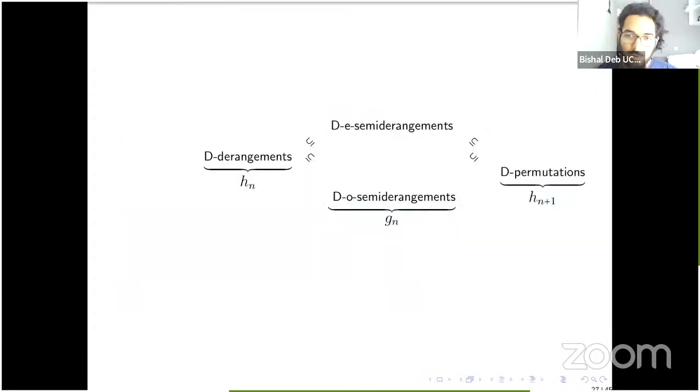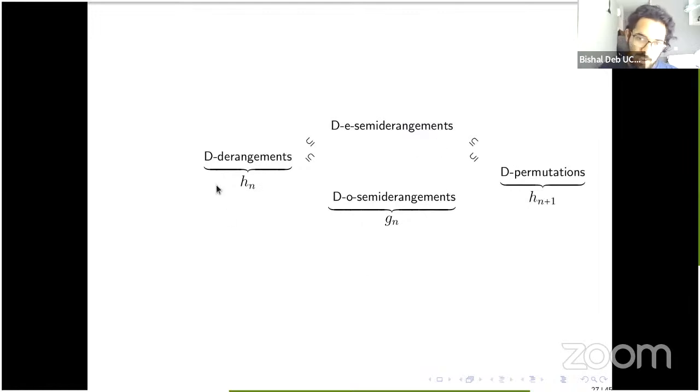So in our work, depermutations are counting, so these are all different families of permutations on 2n letters. Depermutations is the most general thing. If you turn off even fixed points, you get DE semi-derangements. If you turn off odd fixed points, you get DO semi-derangements. And if you turn off fixed points of both parities, you get D derangements.